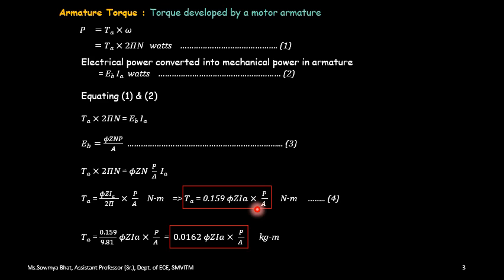To express it in kg meters, I divide by 9.81. So 0.159 divided by 9.81 is 0.0162, multiplied with phi Z IA into P by A, in kg meter. According to the given problem, whether it is in Newton meter or kg meter form, you can use the suitable expression.